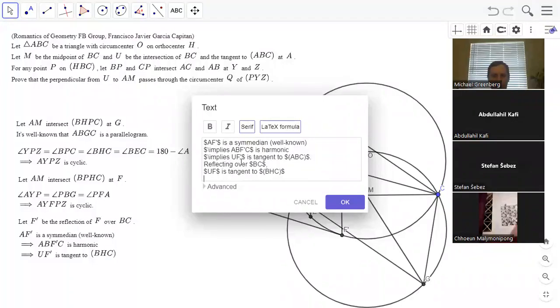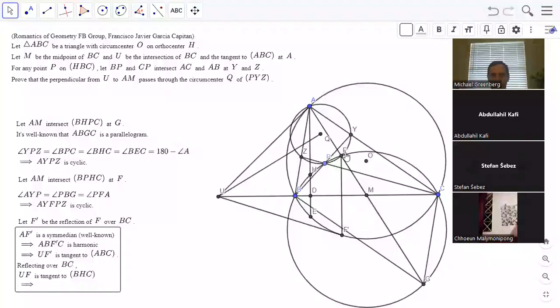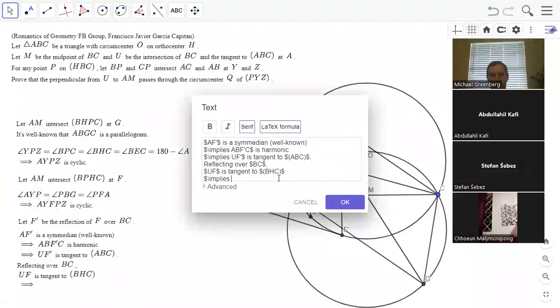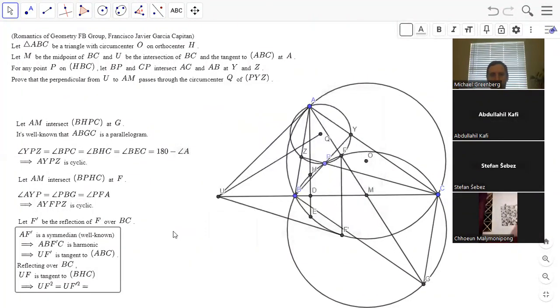And this means UF squared equals UF prime squared equals UA squared.